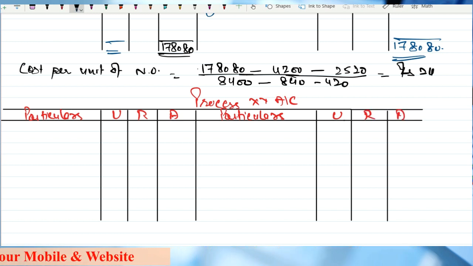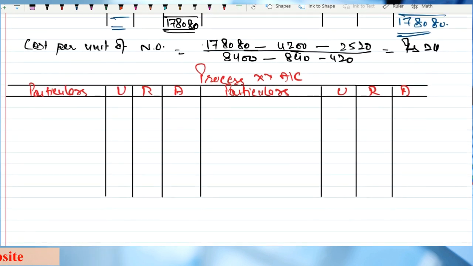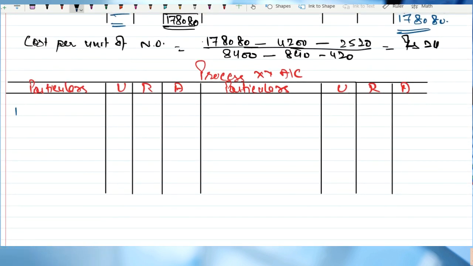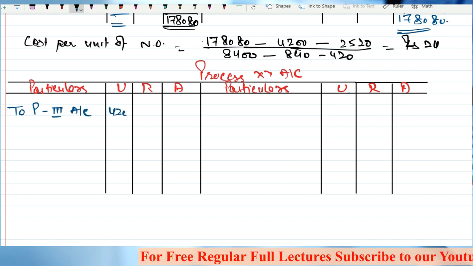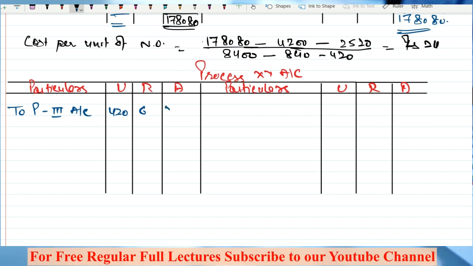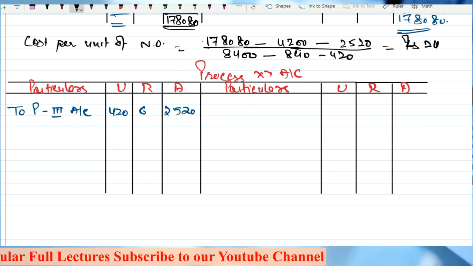So the first thing that you are going to have is in the process XY, from where you will get this XY to process 3 account. How many units? 420 units at 6 rupees, then 2520. Right?